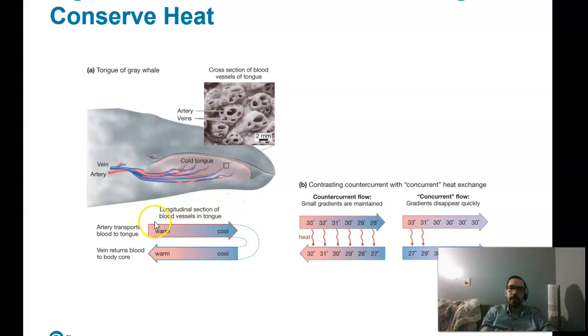But with this countercurrent heat exchange, as the warm blood is going out and the cool blood is going in, since heat travels downhill, it goes from high to low, the warm blood from the arteries will warm the cooler blood from the veins as it returns to the heart.